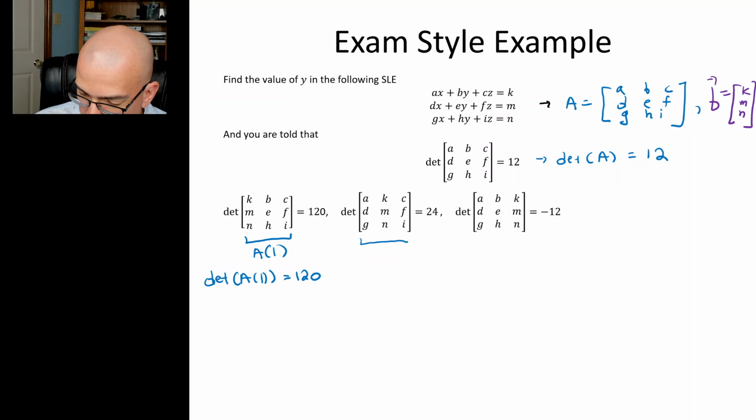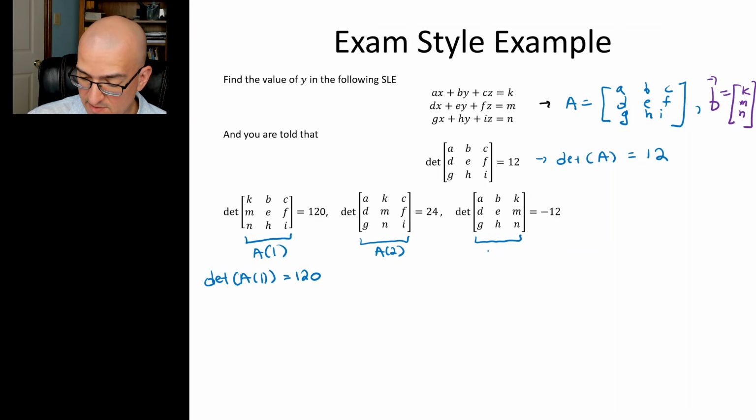This next one, ADG going down the first column, that's the first column of A. KMN, well, that's your B. And CFI, that's your third column of the original matrix. So this is replacement matrix A2. And the third one, look at that one. The first 2 columns are the first 2 columns of the coefficient matrix, and then the third column is the right-hand side.